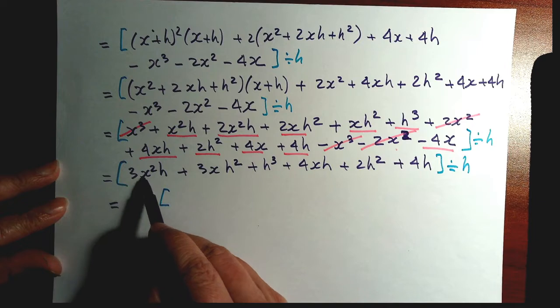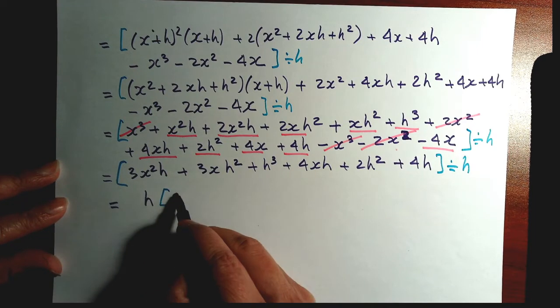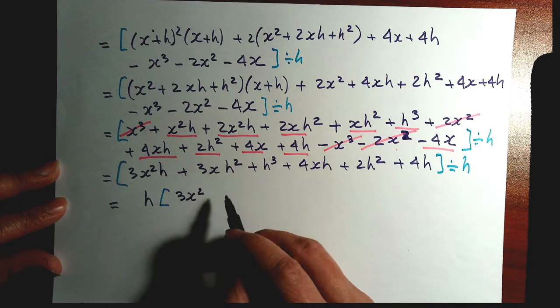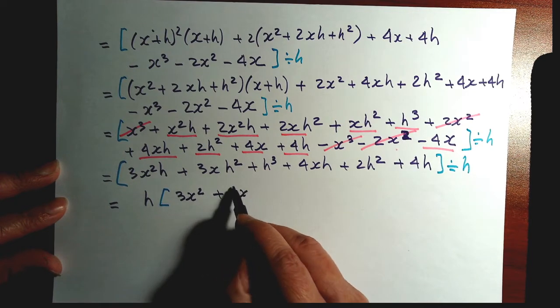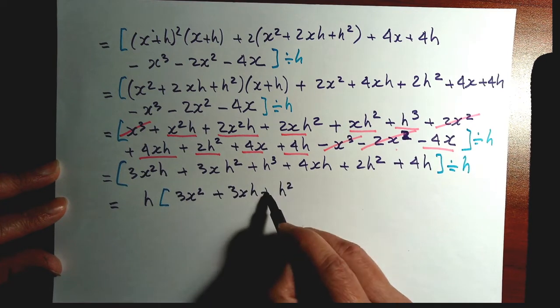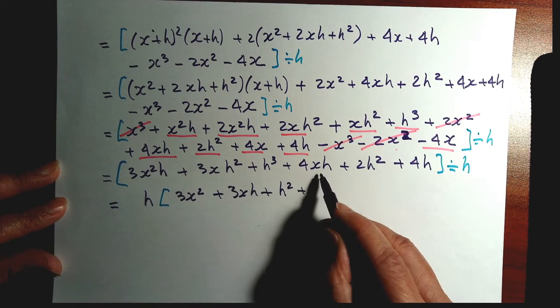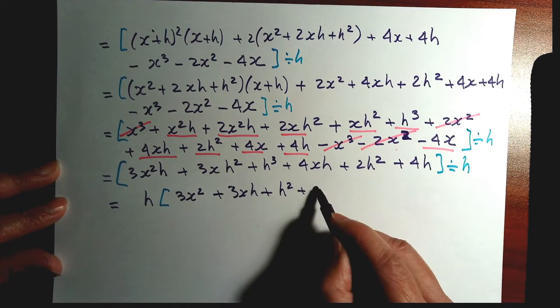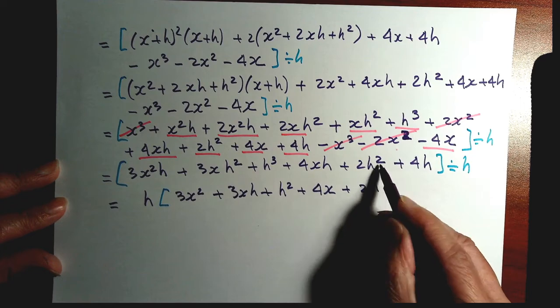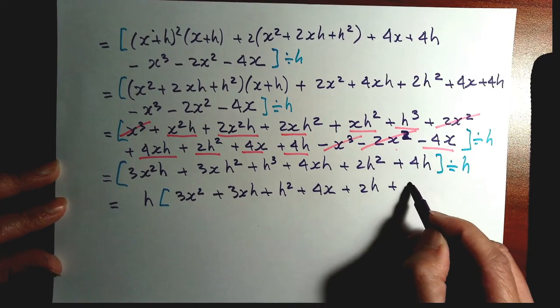So I would get 3x squared, and h is factored out. One of the h is factored out, so I get 3xh. This here would be h squared. This here, the h is factored out, so I'm left with 4x. This one I'm left with 2h, and this one I'm left with 4.